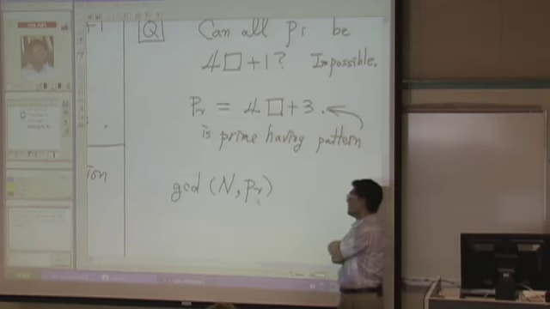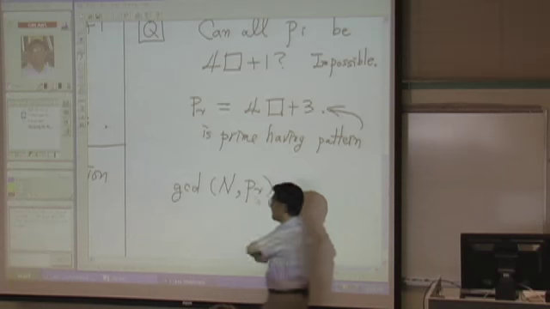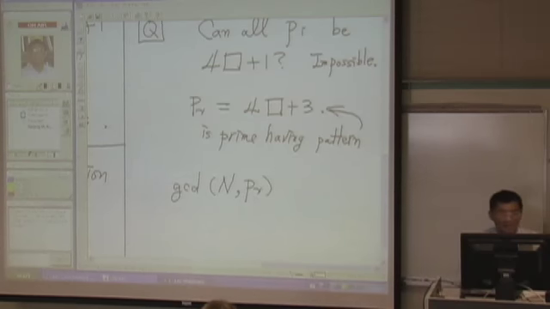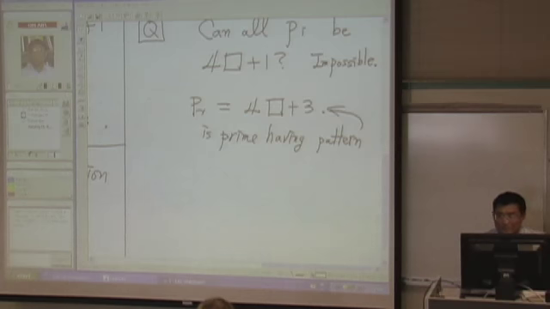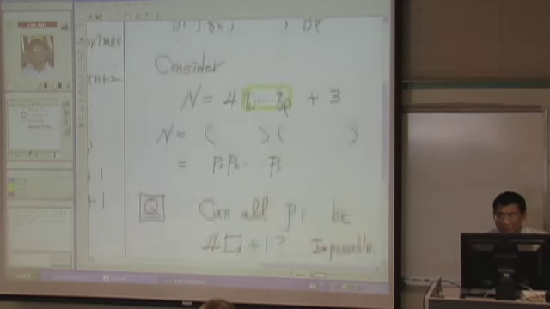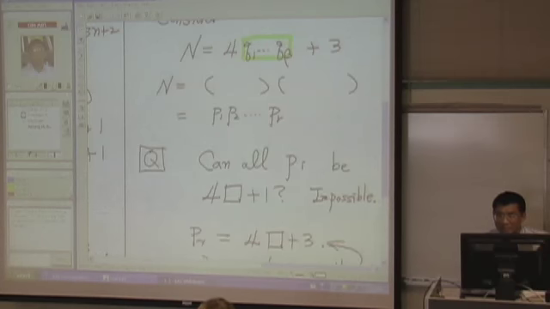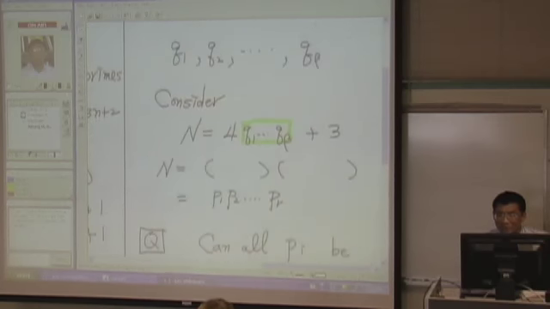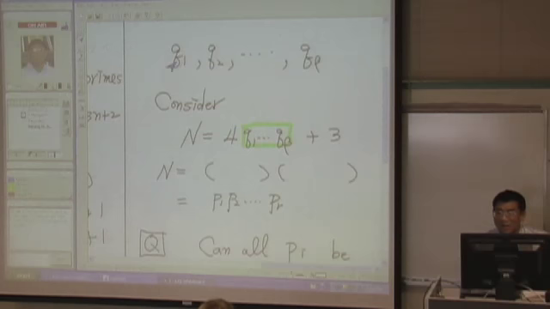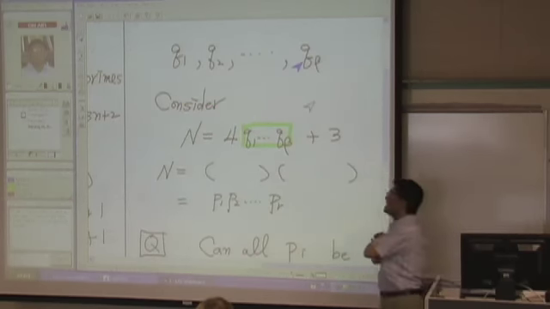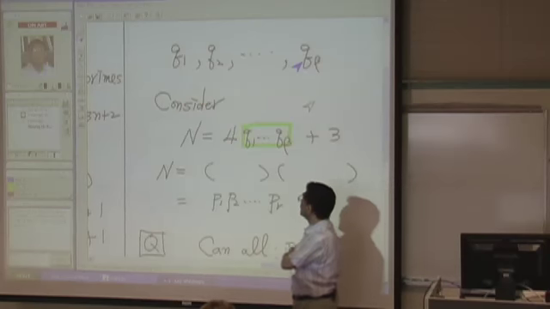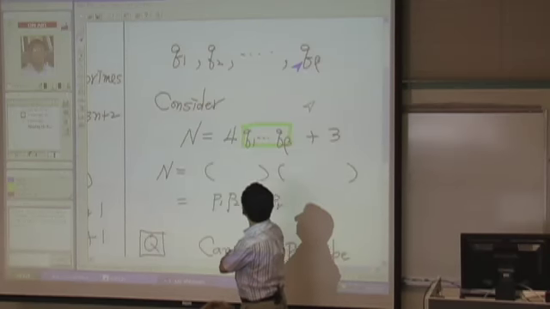Let's consider the, oh, sorry, it's meaningless. I made a mistake. So, to show that this doesn't belong to this finite set, I will consider the GCD, or division relation. So take a look.